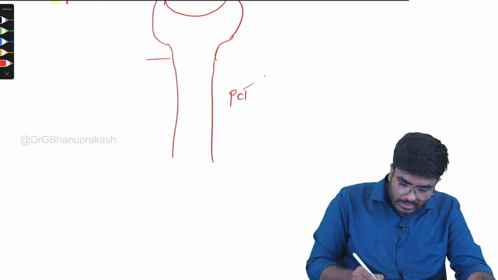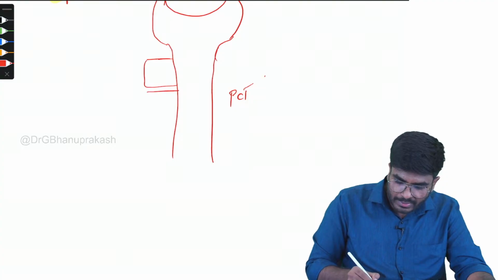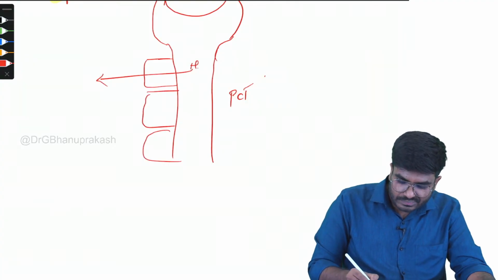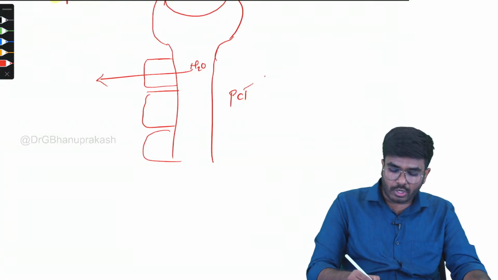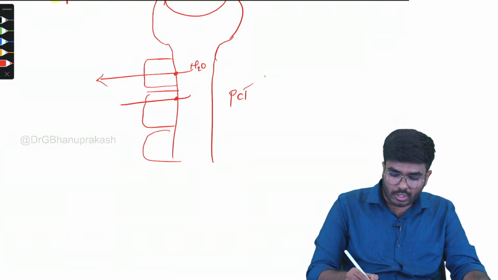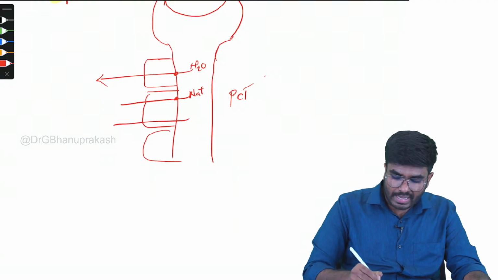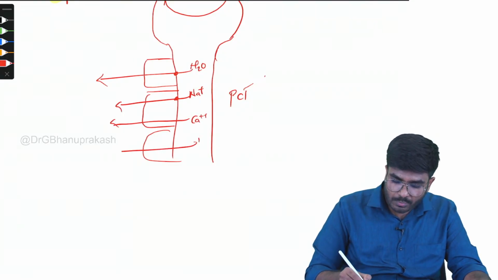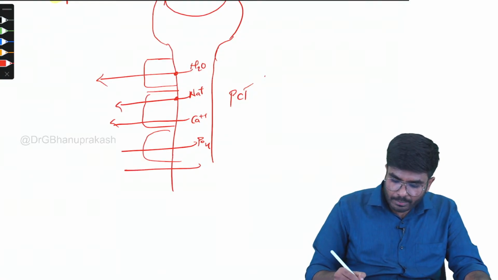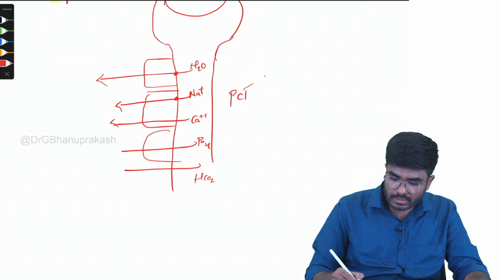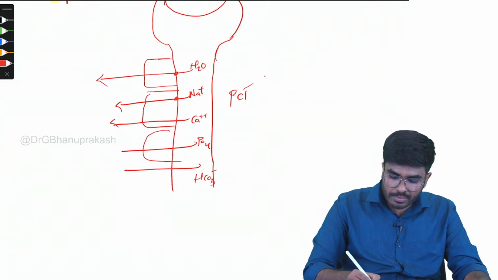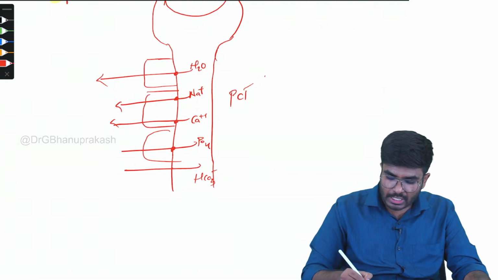Now, here what's supposed to be happening? I have already discussed with you. Water reabsorption should be happening. Sodium is supposed to be reabsorbed. Calcium is supposed to be reabsorbed. Phosphates are supposed to be reabsorbed. Bicarbonates are supposed to be reabsorbed.